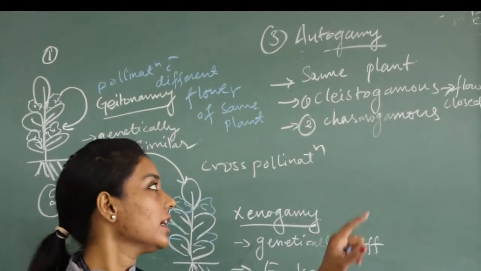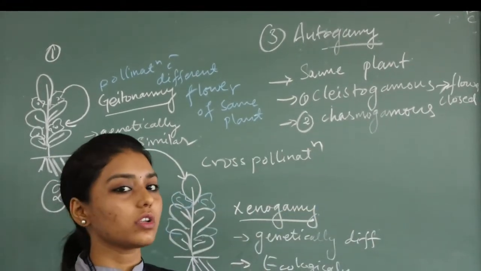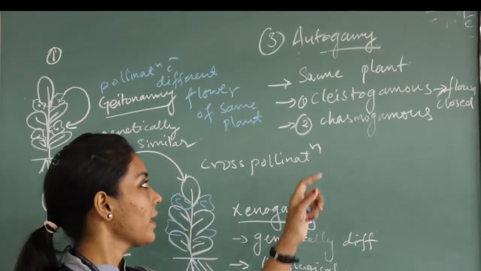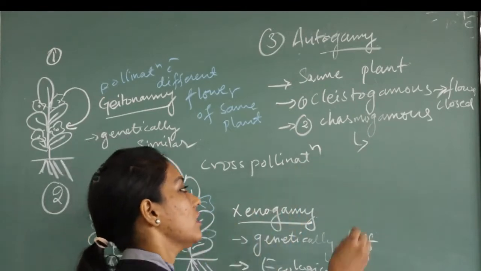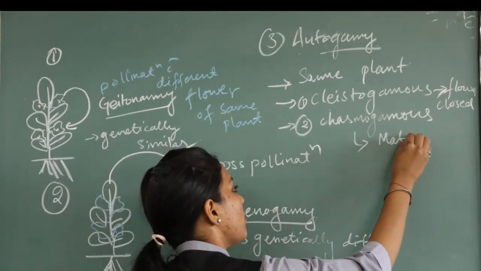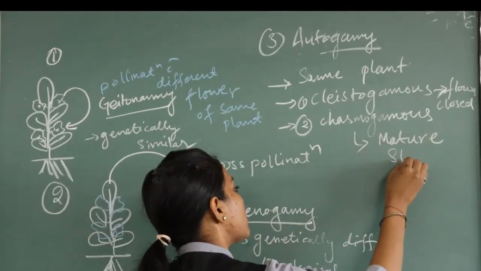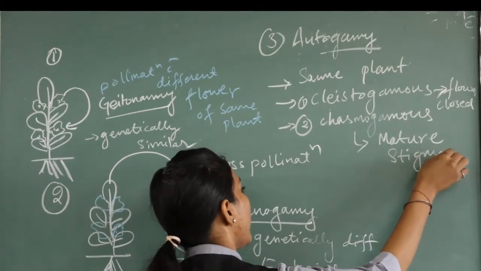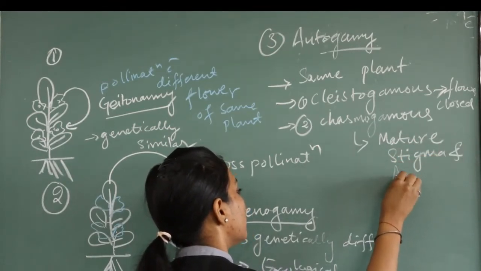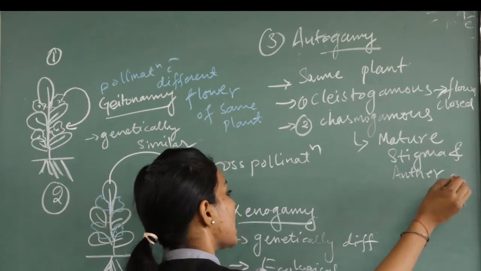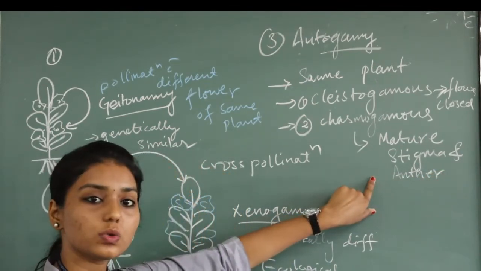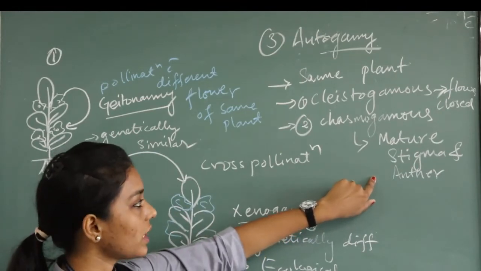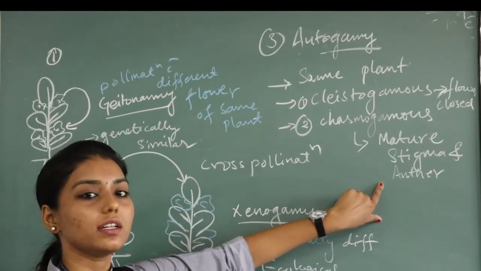In the chasmogamous condition, the flower exposes mature stigma and anther so that self-pollination can occur, exposing them to the pollen so that the pollination process can occur.